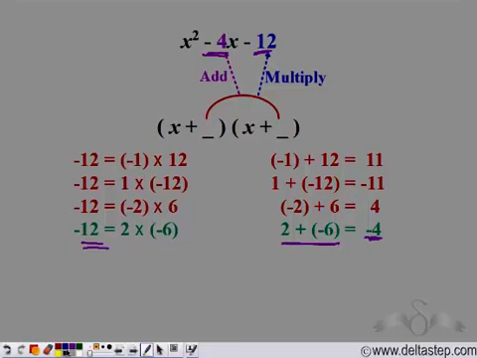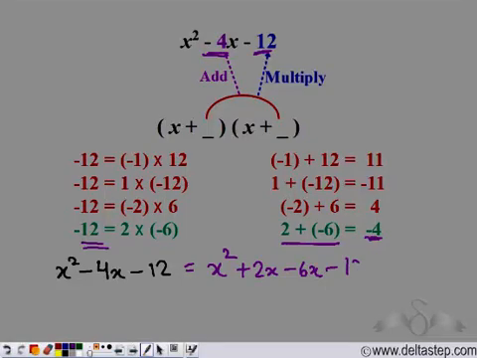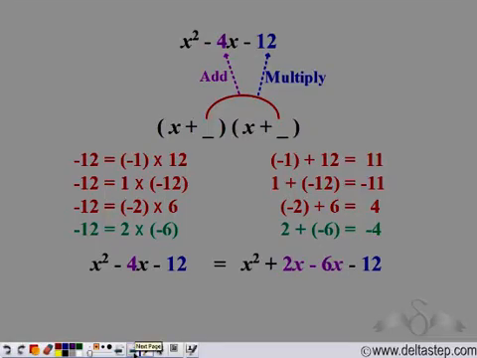We write x squared minus 4x minus 12 as x squared, minus 4x written as 2x minus 6x, and minus 12 remains. So this is what we have. Now factorize by grouping.